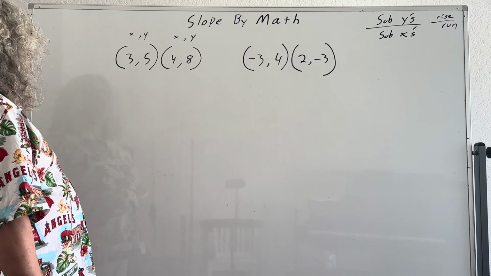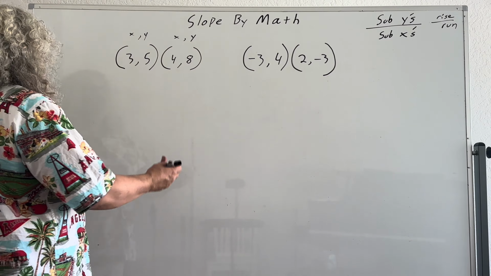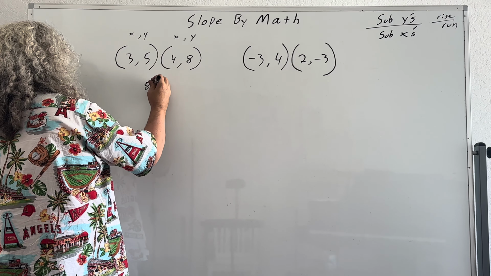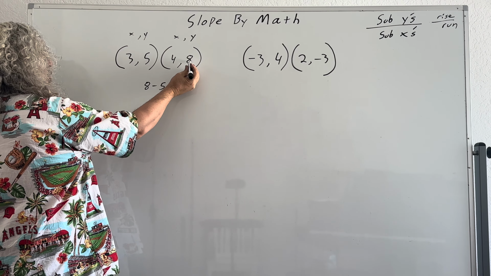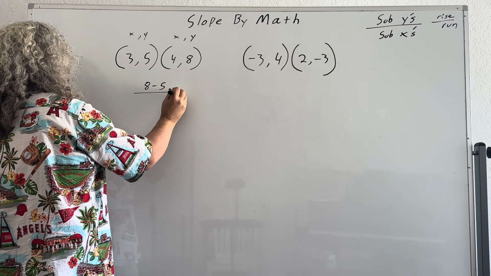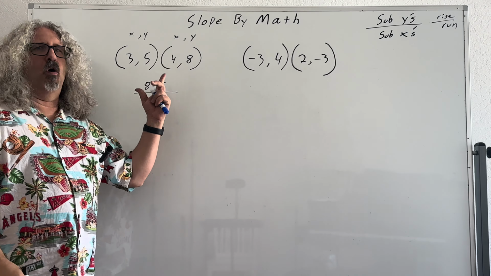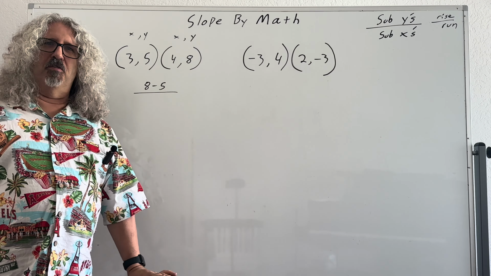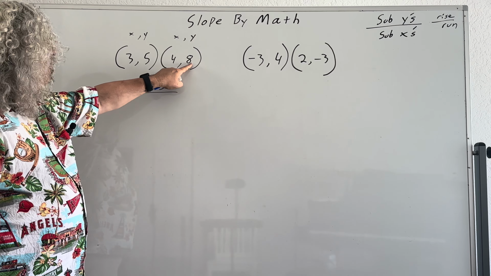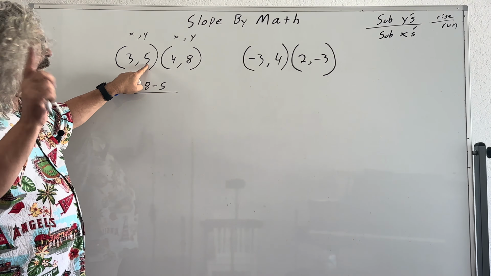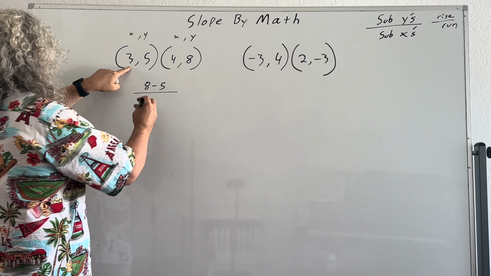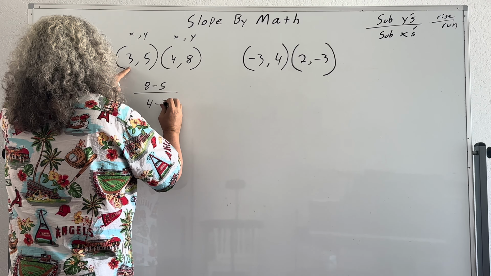In this situation, let's just go 8 minus 5. Those are my y's. I took this y and subtracted that y. Now, once you make a decision on your y's, you no longer can choose the x's. Since I did this one minus that one, I have to go this one minus that one, 4 minus 3.